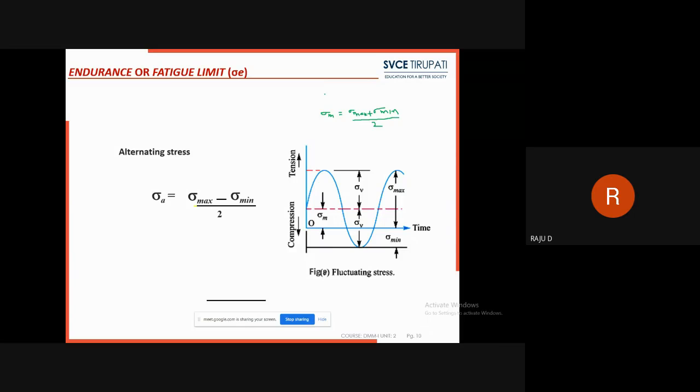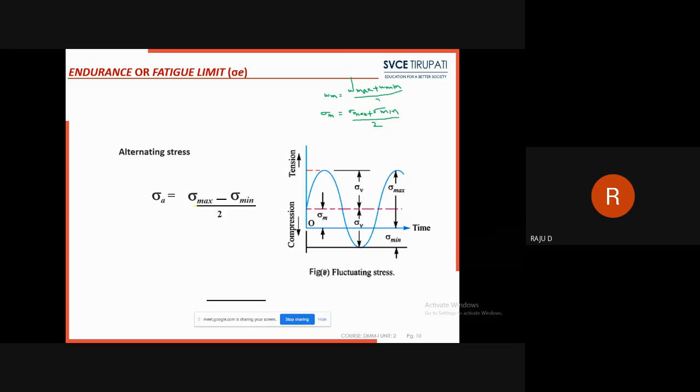If you want to calculate the mean load, W mean, the mean load is equal to maximum load plus minimum load by 2. This is the way you find the mean value of the respective variable. So W maximum plus W minimum by 2. This is the way you remember the formula.